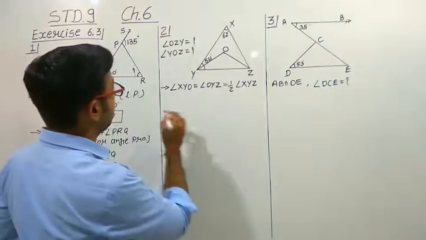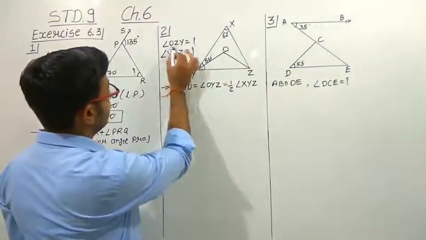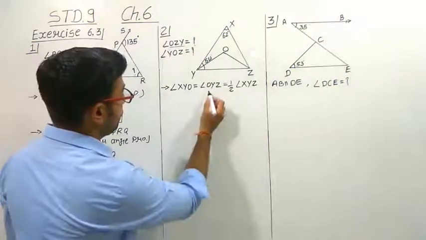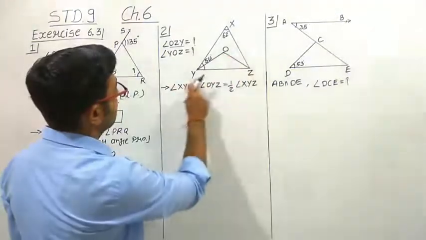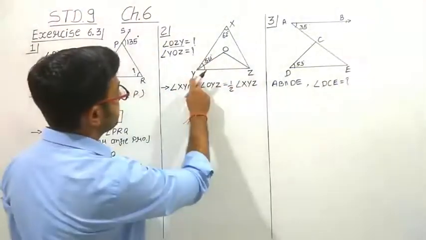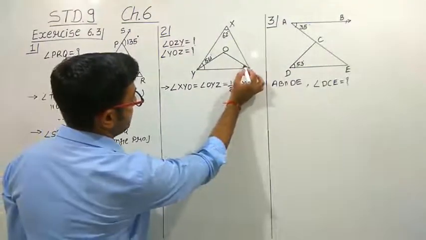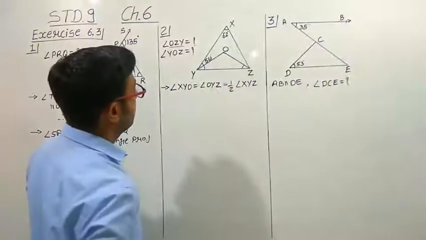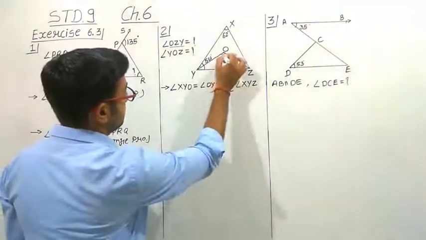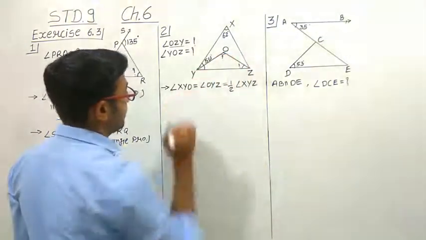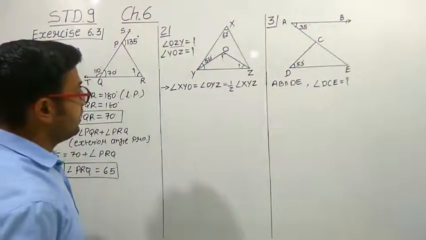Here we have to find out angle OZY. But before that, if we want to find this angle, we need these two angles, first this and second this.